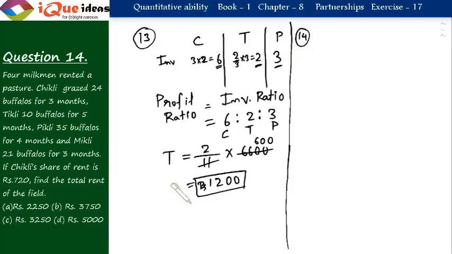Now see here, the rent is also shared on the basis of usage. Usage depends on the number of animals who have used and the duration for which they have used.